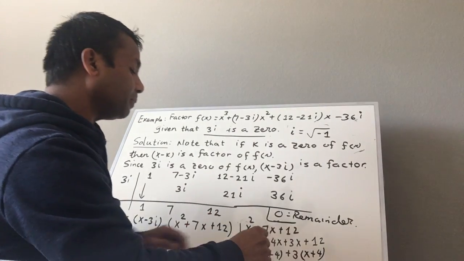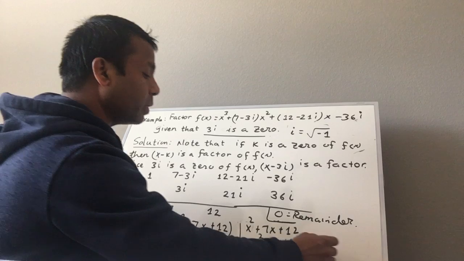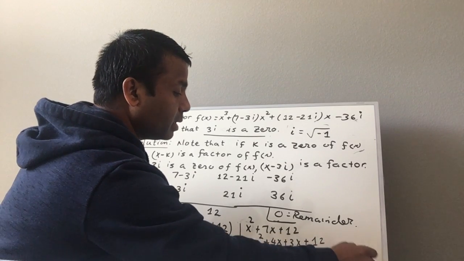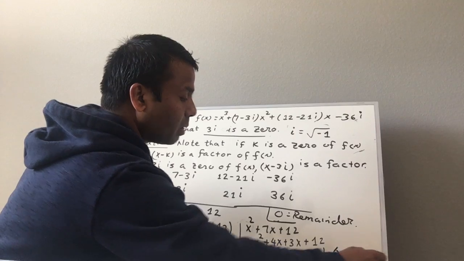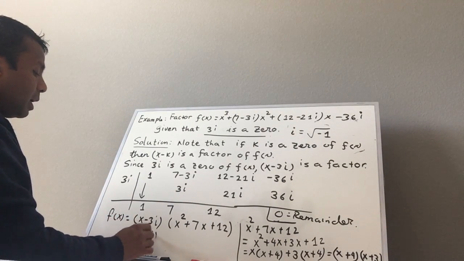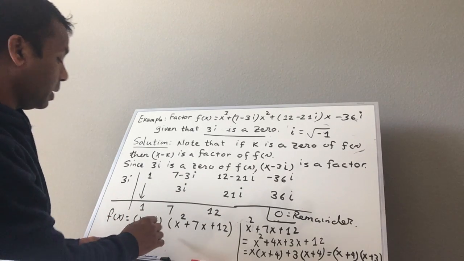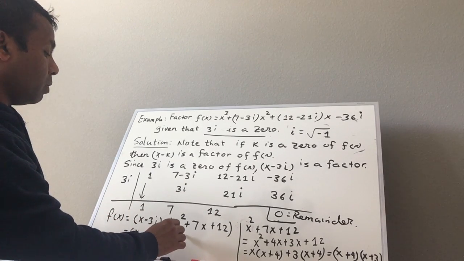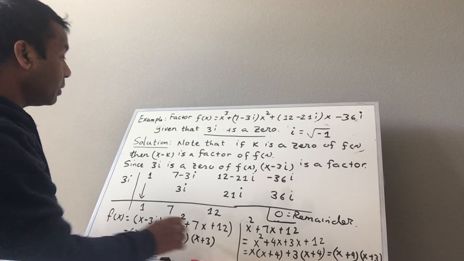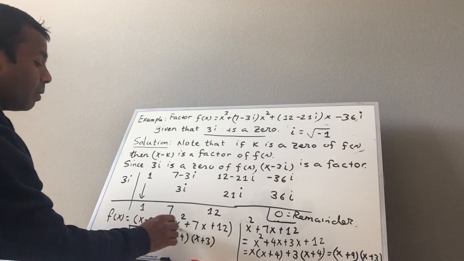And again, this x plus 4 is common, so you can factor out x plus 4, and x plus 3 is the remaining factor. Okay, so now this is x minus 3i, and the factored form of x squared plus 7x plus 12 is x plus 4 and x plus 3. So this is the factored form of the given polynomial.